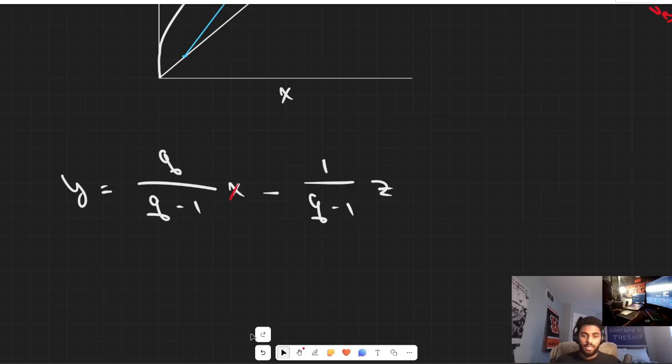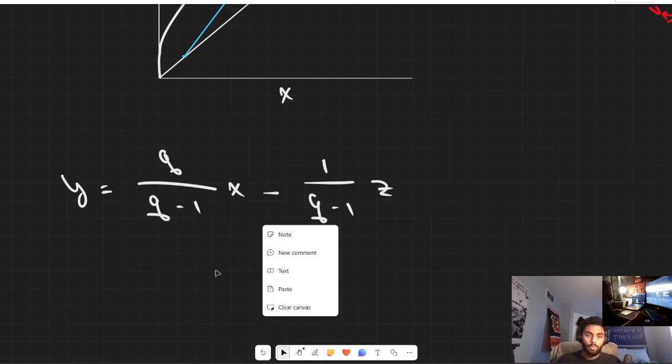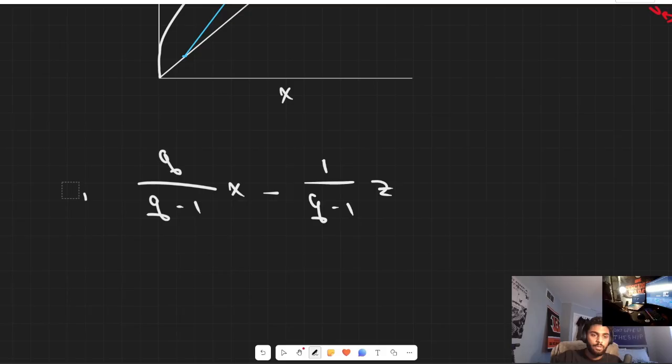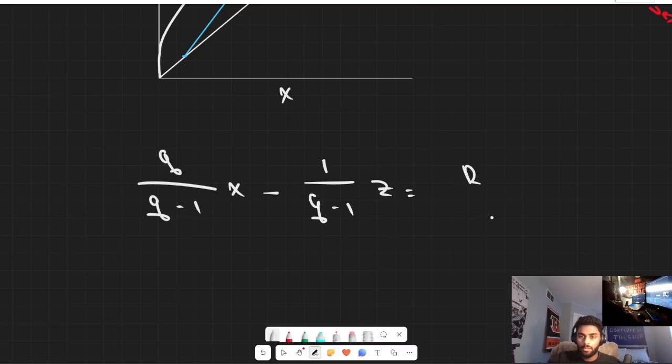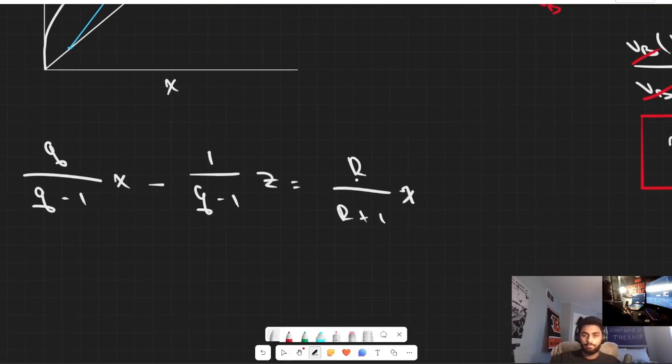And I'll actually set this equal, so I can actually get rid of this. I'll set this equal to the rectifying line. So the equation for that is r over r plus 1 x plus 1 over r plus 1 times x sub d. So if x equals x sub d, it's r plus 1 over r plus 1 x sub d, y equals x sub d.